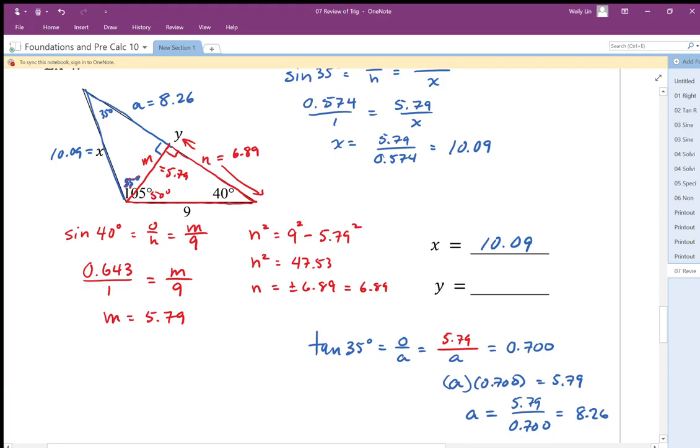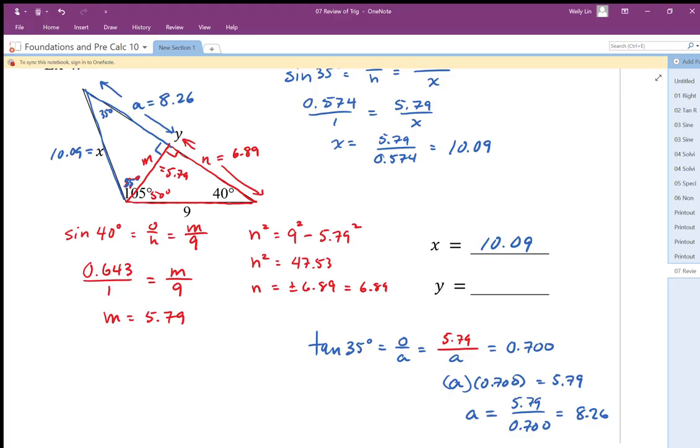Okay, so I'm going to add that to the n value. Those two together, the A, which is this length here on the blue right triangle, and n, which is the length on the red right triangle. If I add those together, I end up with the length of y.